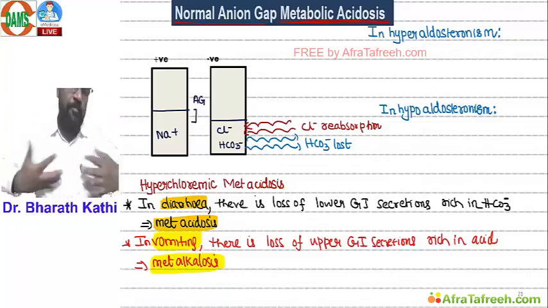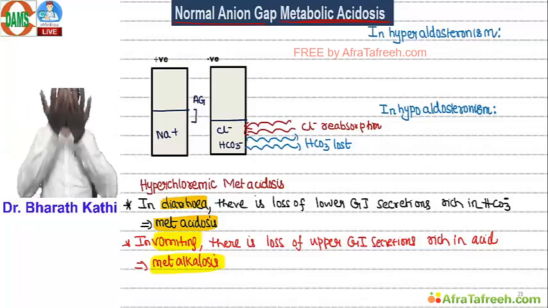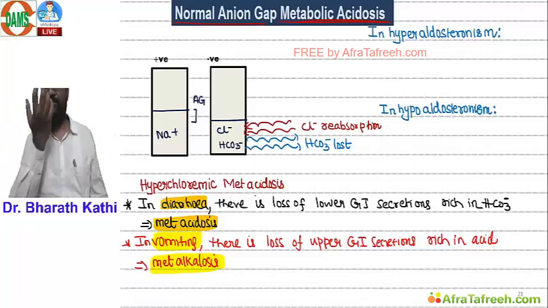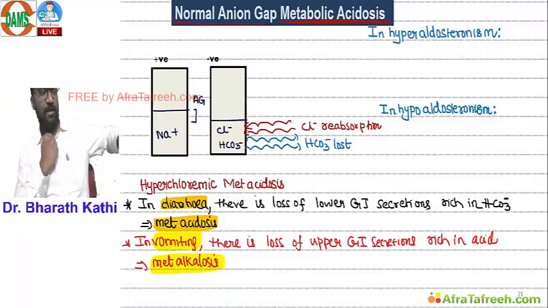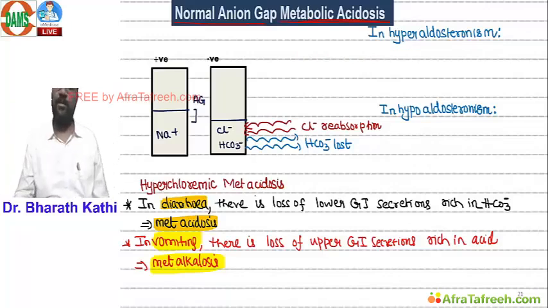When there is hyperaldosteronism, for whatever excess sodium is coming inside, K plus and H plus will be lost.